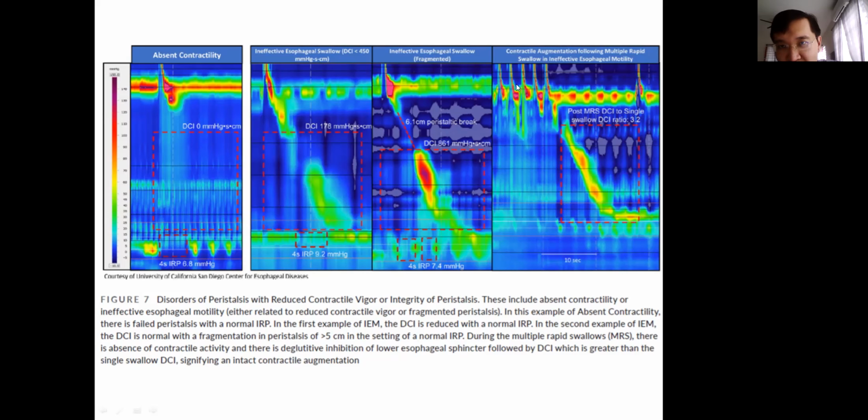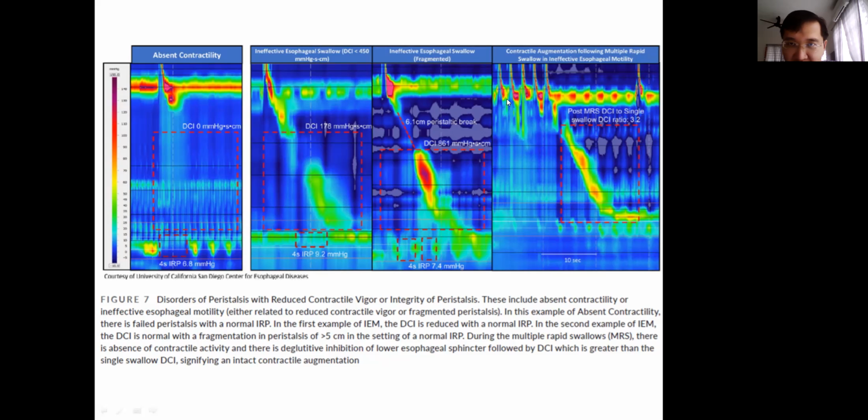And this is what I mean by DCI and multiple rapid swallow. After 2 cc saline swallows, usually the peristalsis will be augmented. So you get a DCI ratio that is usually, in normal patients, more than 1, showing preserved contractile reserve.